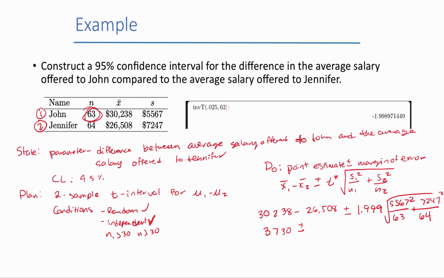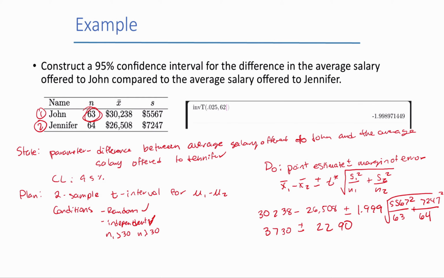And when we plug this whole horrible looking thing into our calculator, we're going to get that the margin of error is, please hold, 2 times the square root of 5567 squared over 63 plus 7247 squared over 64. I get a margin of error of $2,290 and 18 cents, but I'm going to round to the nearest dollar here.